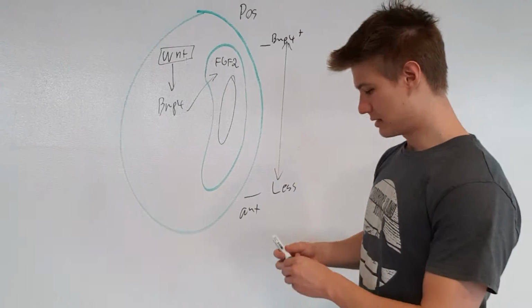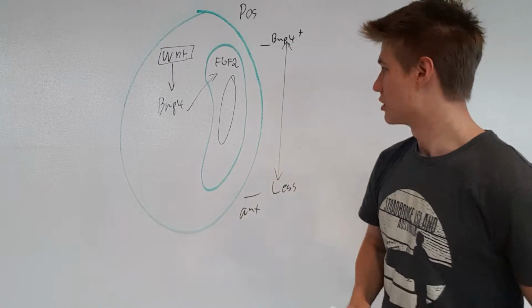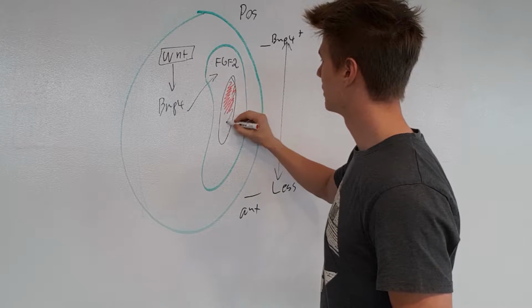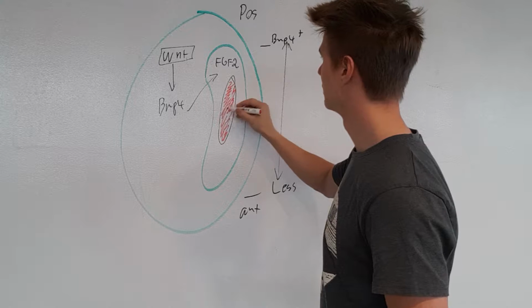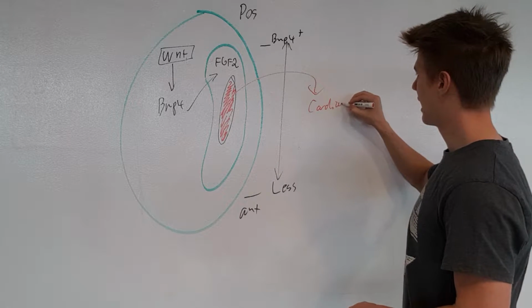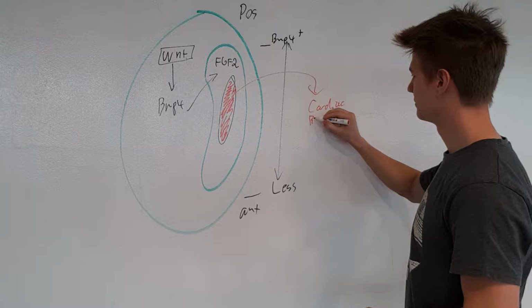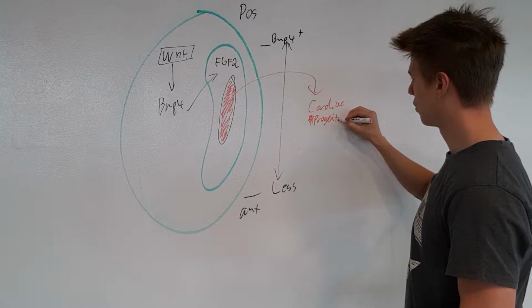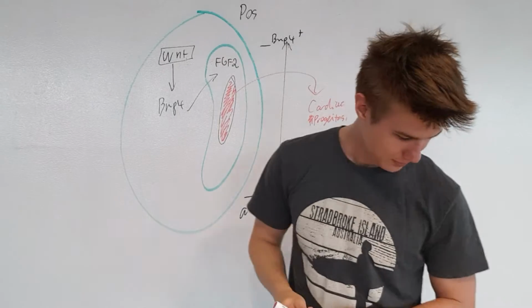Okay, and these little guys in here, which I encircled in black, these are the cardiac progenitor cells, right? Cardiac progenitors.